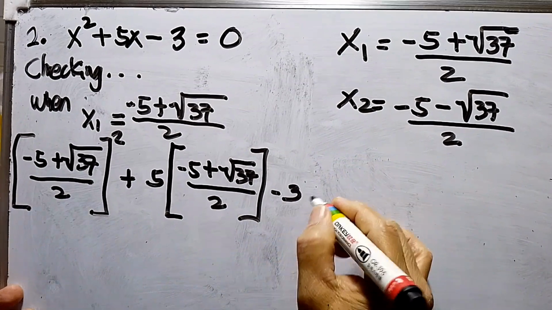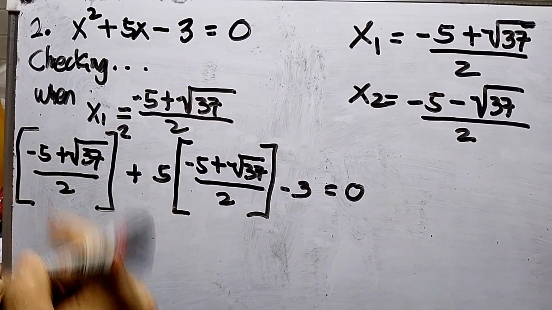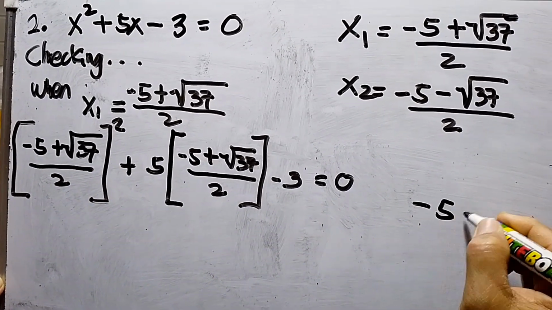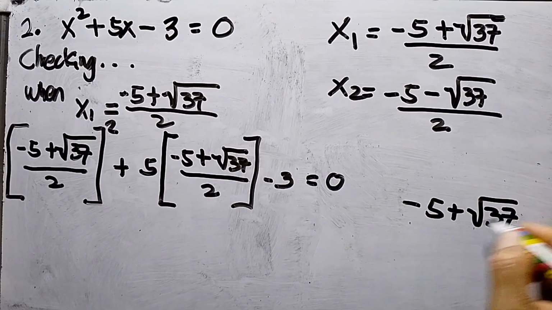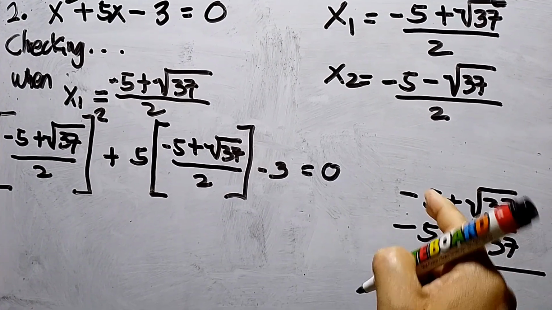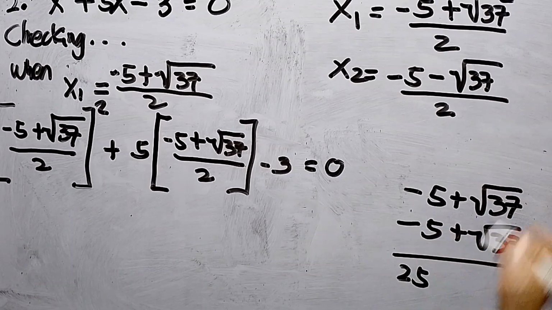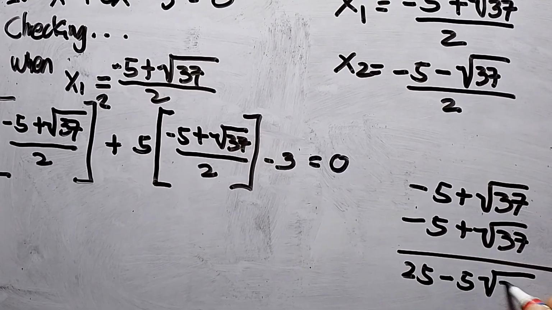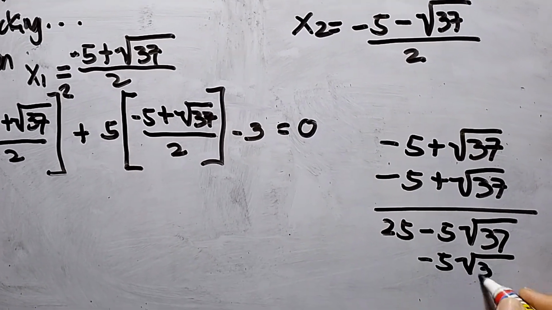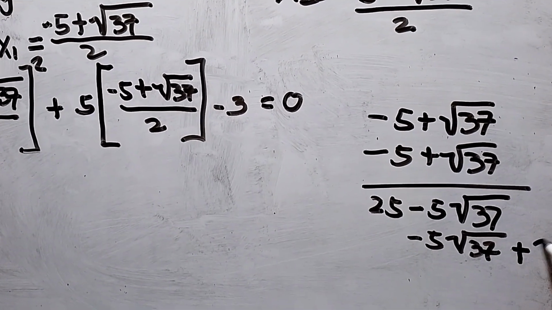is equal to 0. So I need to multiply this one twice. So negative 5 plus square root of 37. Negative 5 plus square root of 37. So negative 5 times negative 5, that will be positive 25. Then this one, negative 5 square root of 37. And negative 5 square root of 37. Then square root of 37 times square root of 37, that will be equal to 37.